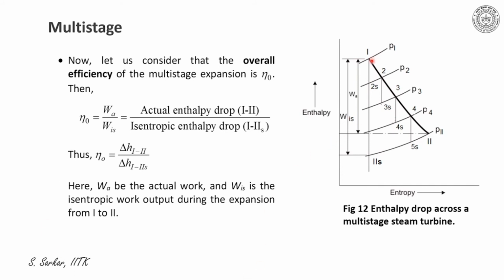So 1 to 2s is the isentropic enthalpy drop, while 1 to 2 represents the actual enthalpy drop.